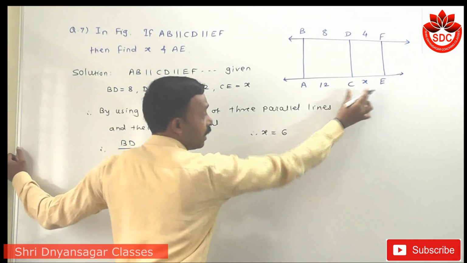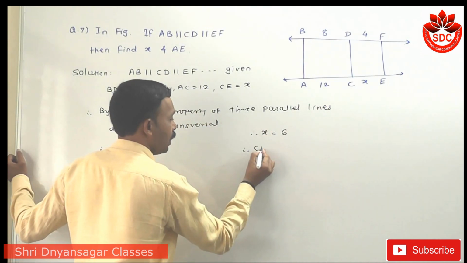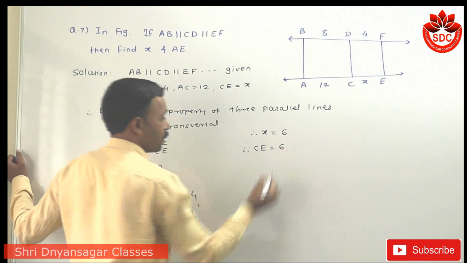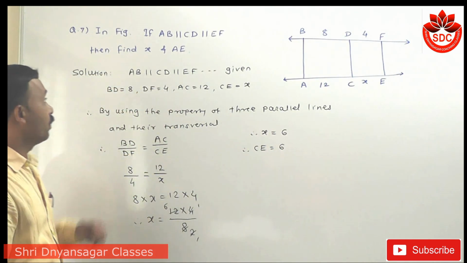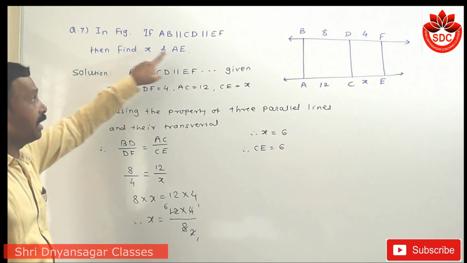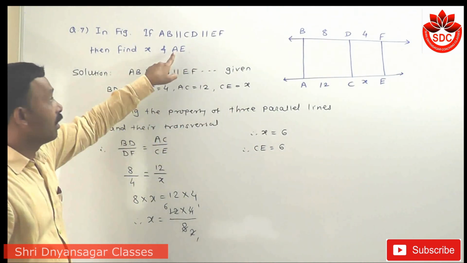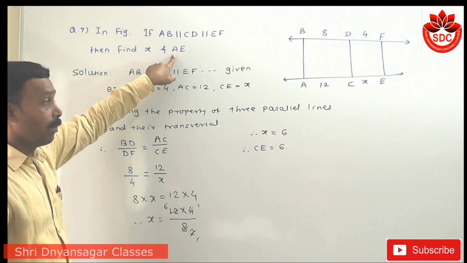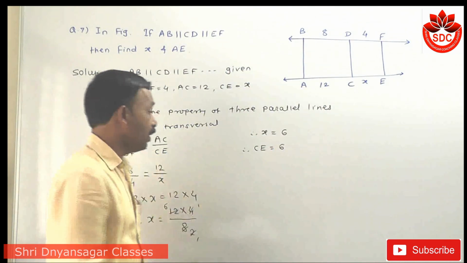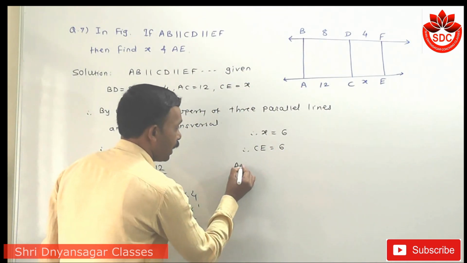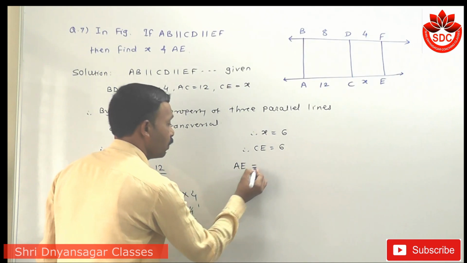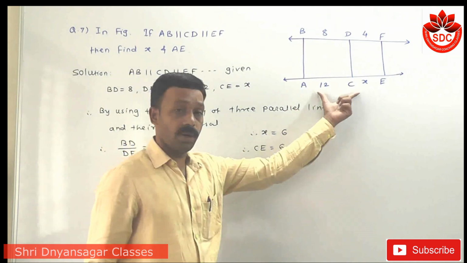Now X is CE, therefore CE is equal to 6. In this example, we have to find the value of X and AE also. First we find the value of X, then we find the value of AE. For finding the value of AE, we use one property, known as the betweenness property.